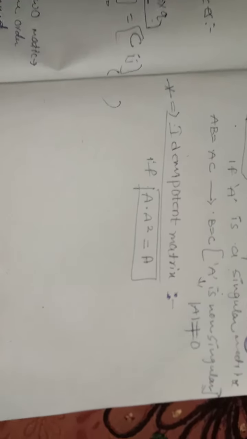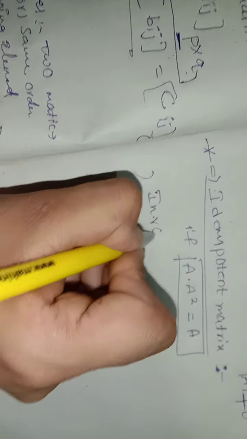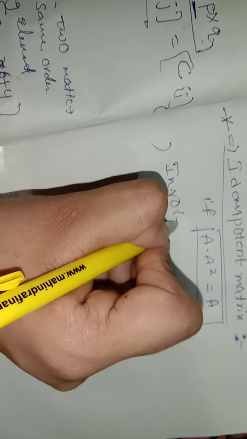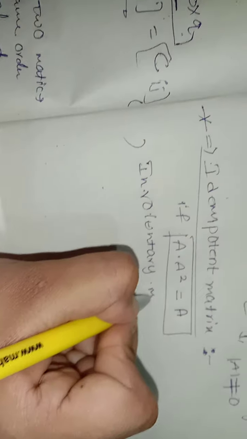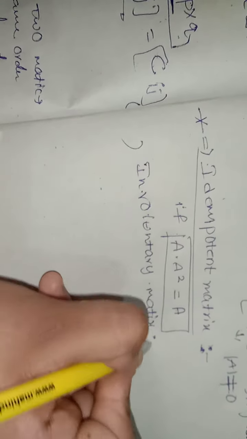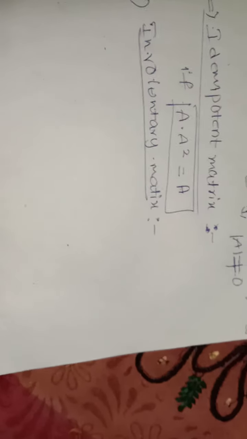And the second one is the involuntary matrix. What is an involuntary matrix? The same definition only.